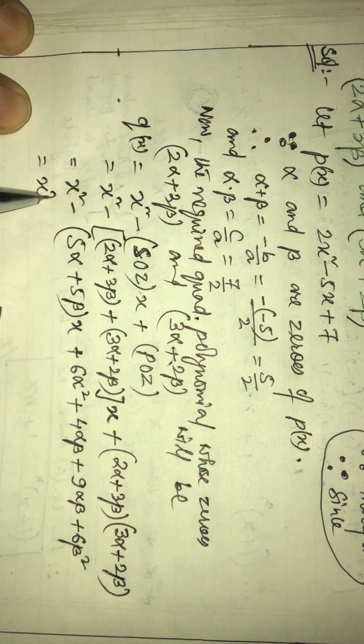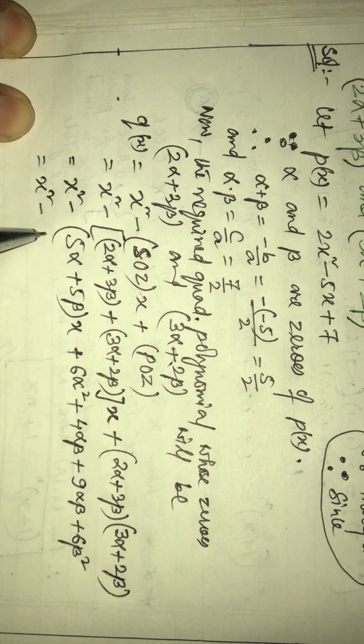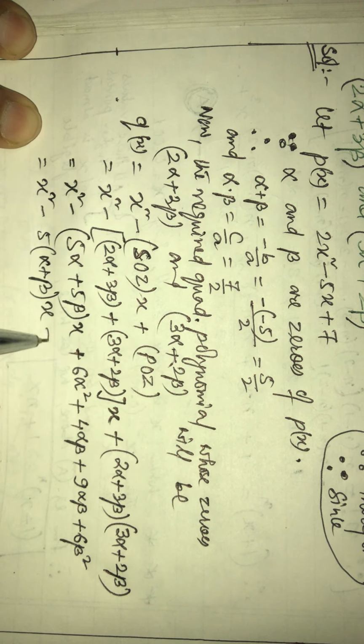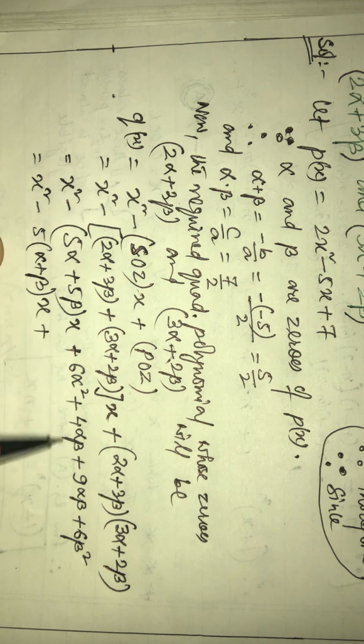Next step, here 5 is common, take it out, 5 times alpha plus beta, x. Now we can combine like terms.